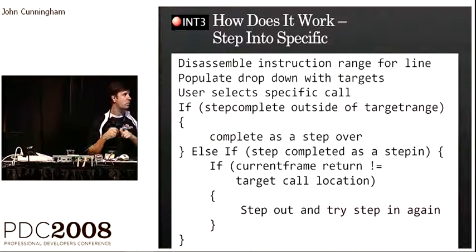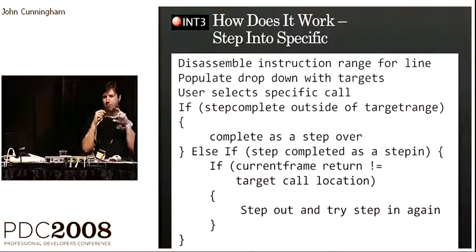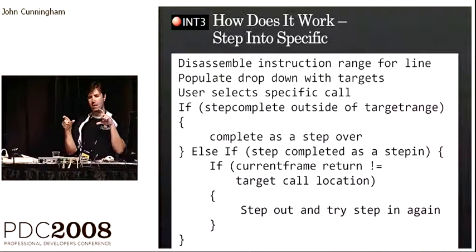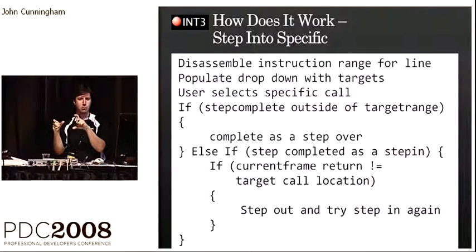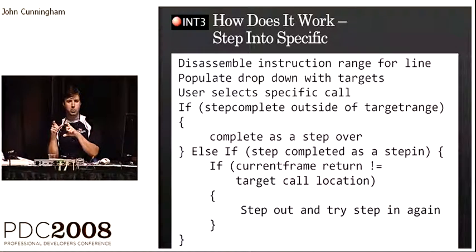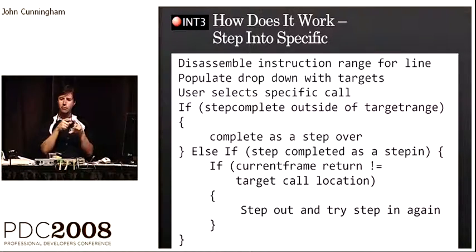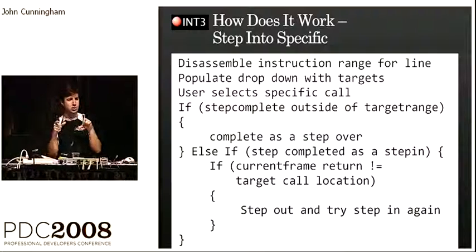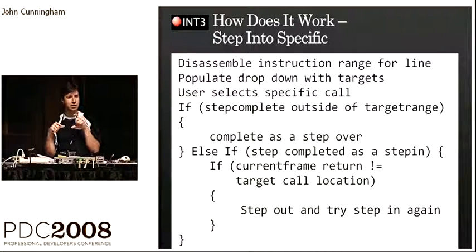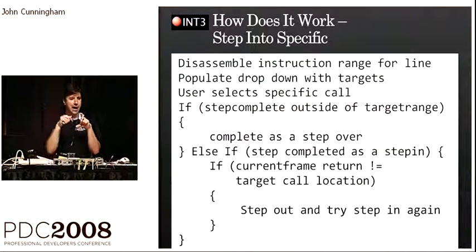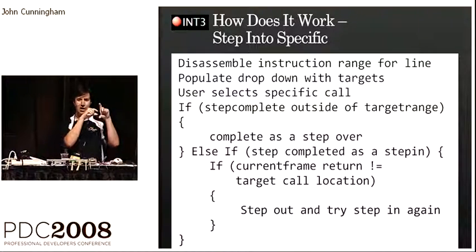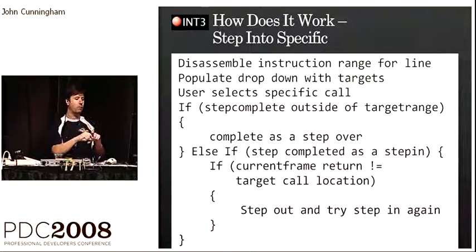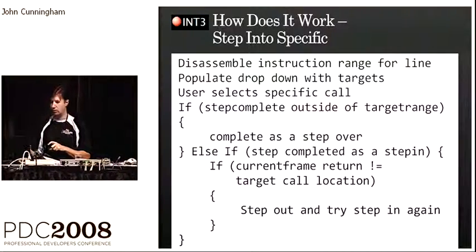But in this case, when we complete it as a step in, we have to look not only at the target method, hey, did we arrive in get underscore my value, but is it the actual instance that you cared about? Because the debugger is smart enough to know that if you call get my value twice on the same line, and you selected the second one, we really want to make sure you're arriving back at the point where your return address is actually the place where that second invocation came from. So hopefully that's kind of interesting to you folks.